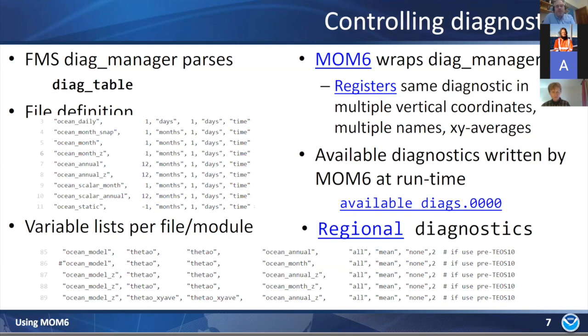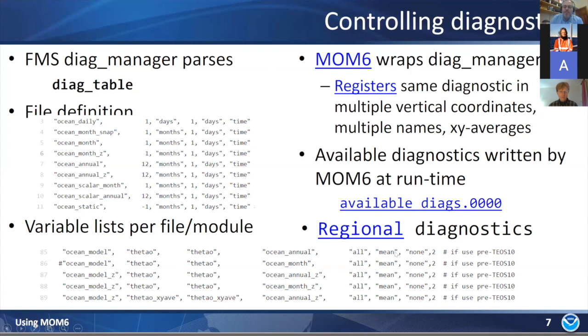So for example, I'm showing theta O, which is the ocean 3-dimensional temperature, using the CMIP, the IPCC naming conventions. And here we're showing ocean model, which is taking TS, temperature in 3D, and writing an annual time average.